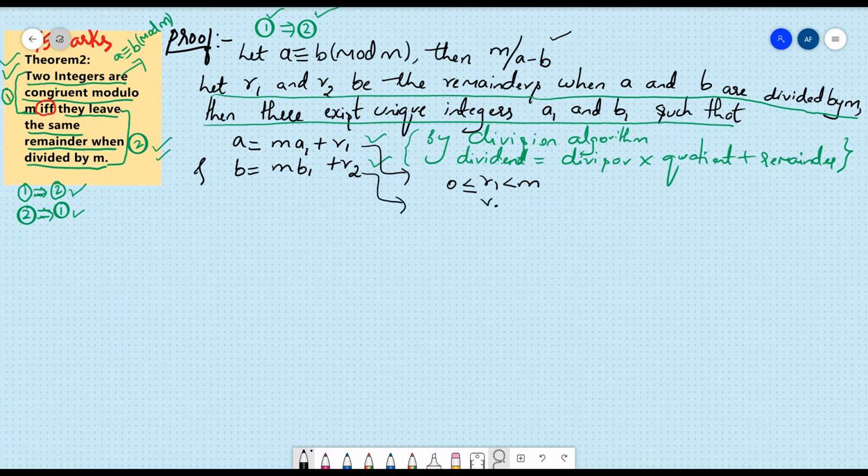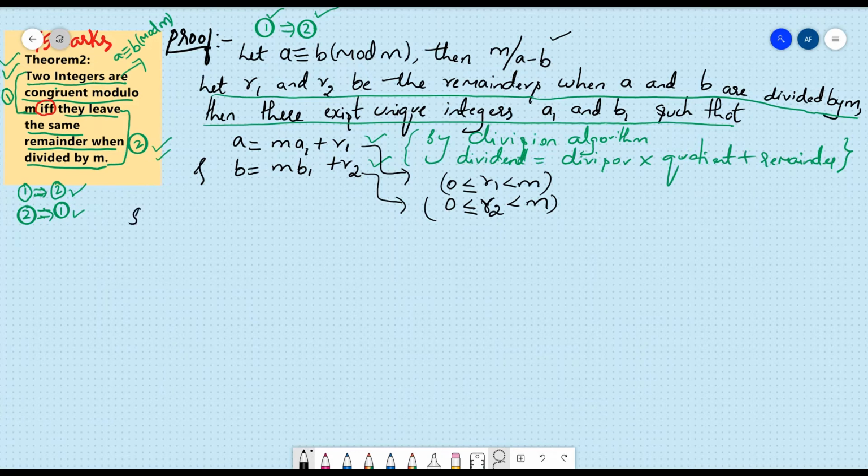Similarly, R2 lies between 0 and M. That is the range of those remainders. It can be 0, but it must be less than M. It can't be greater than M. That is the range of those remainders.